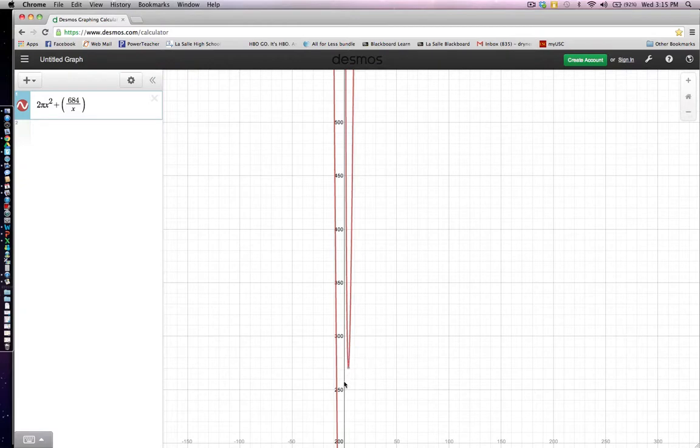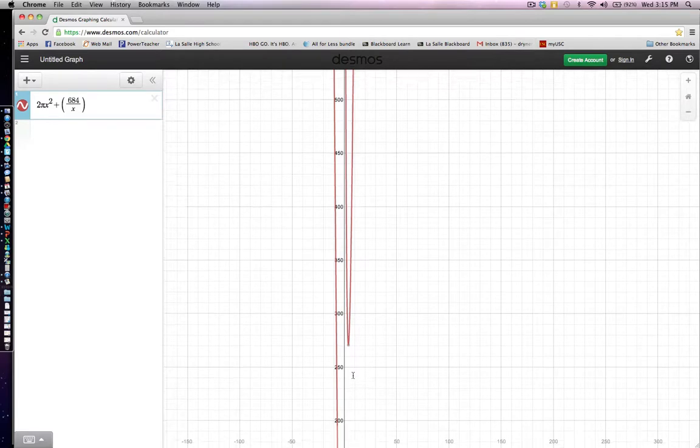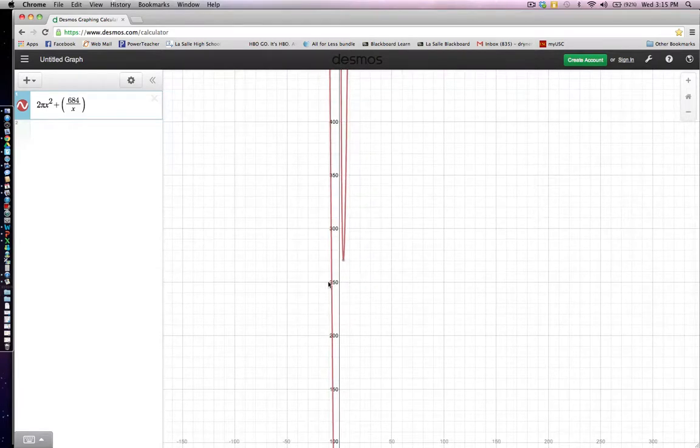Now remember, I'm going to ignore everything on the left-hand side of the origin because I can't have a radius that's less than 0, right? Remember, x is my radius, y is my surface area. So this is my lowest point for surface area, and it's at a radius of 3.8.